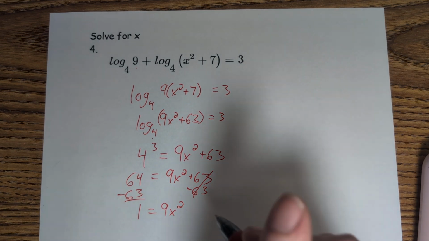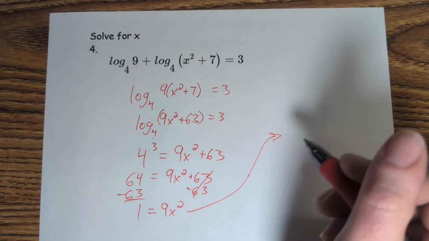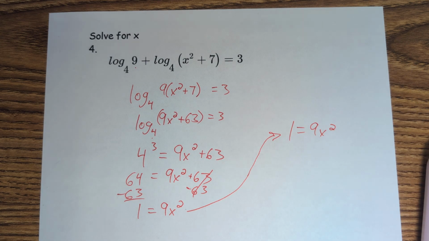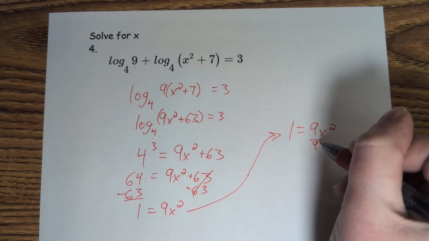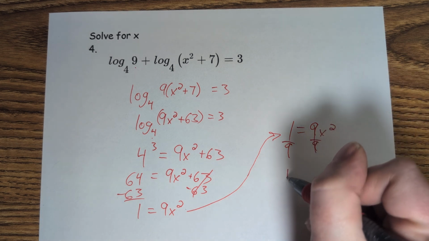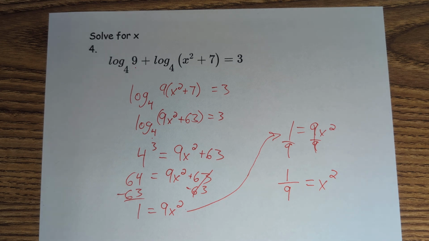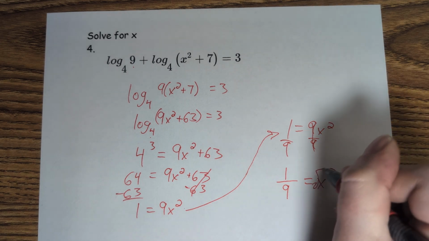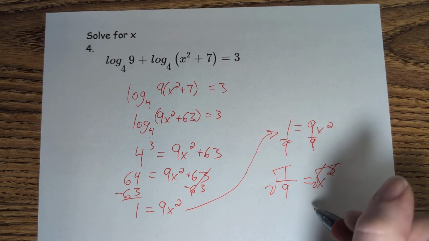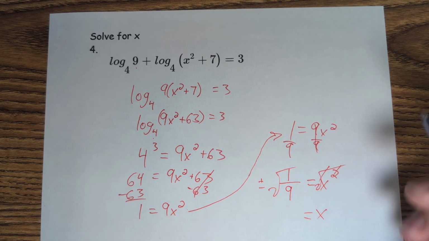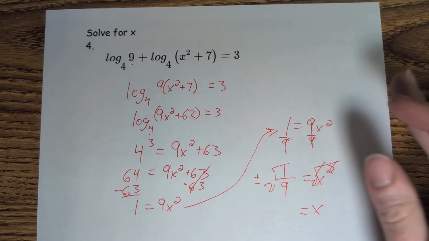So right now I have 1 equals 9x squared. All right, let's bring it over where there's a little more room. 1 equals 9x squared. Divide both sides by 9. So I've got 1 over 9 equals x squared. Okay, time to take the square root. So I have x equals positive or negative square root of 1 over 9.